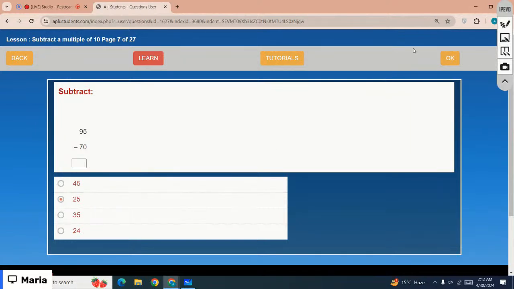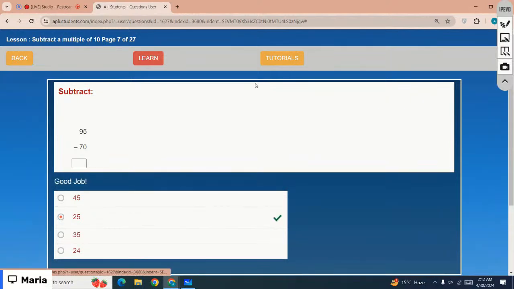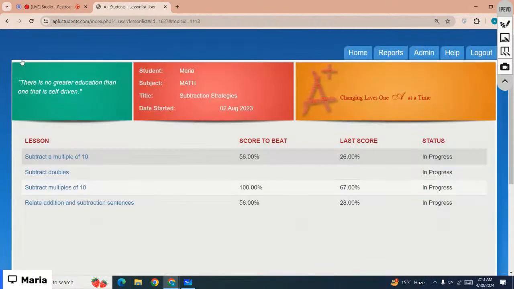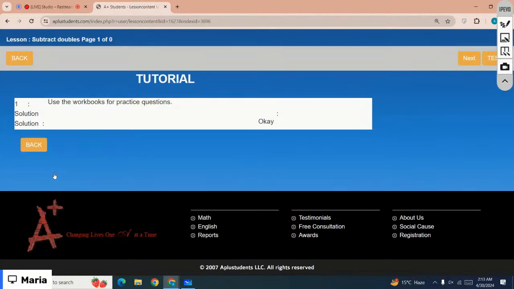Okay, you can complete the lesson by yourself later today. Let me move on to the next lesson, which is subtract doubles. Use the workbook for practice questions. Let's start with the next lesson.